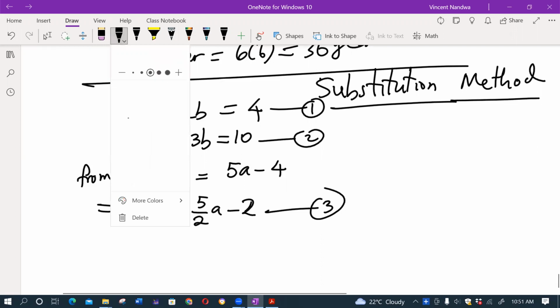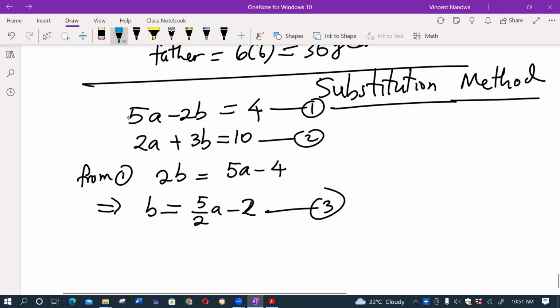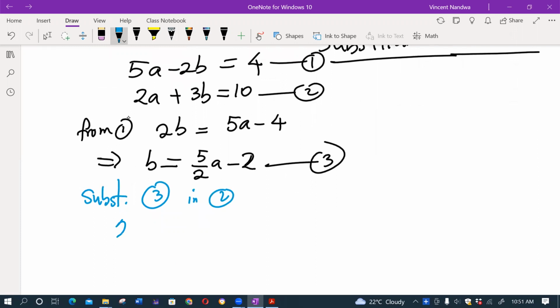Then you substitute 3 in 2. So that means we'll have 2a plus 3 into 5 over 2 a minus 2 equals 10.